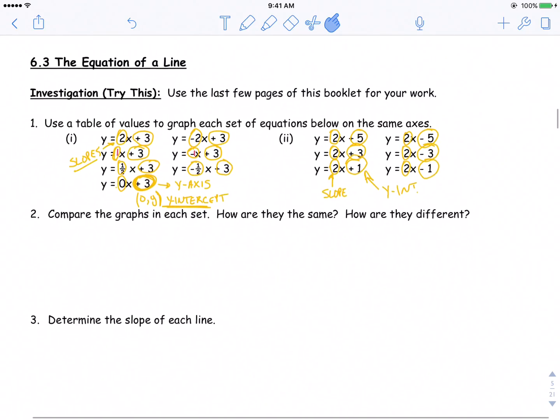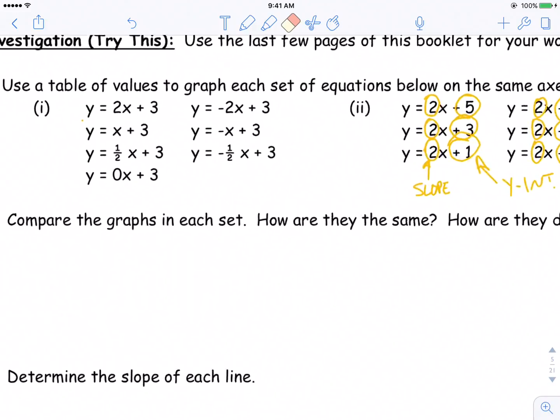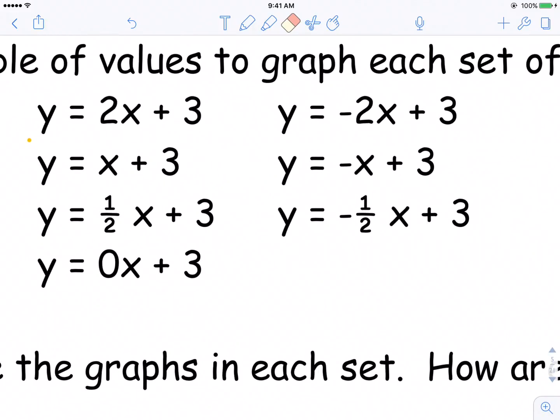What was the next question? Number 3, determine the slope of each line. Well, in our first set of equations, if you were to determine the slope of each line by looking at the points and counting rise over run, or picking 2 points and calculating values, whichever way you did it, you would find that the slope of each of these lines would equal the value that comes in front of the x.